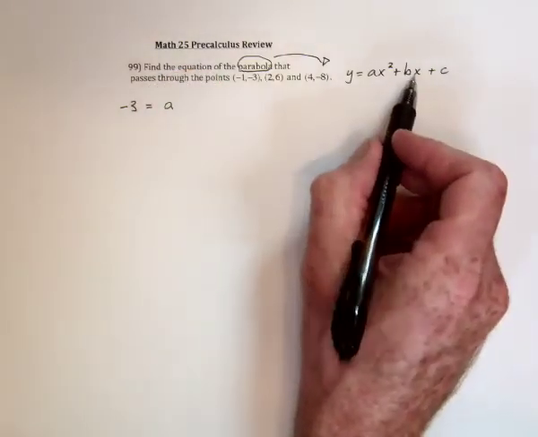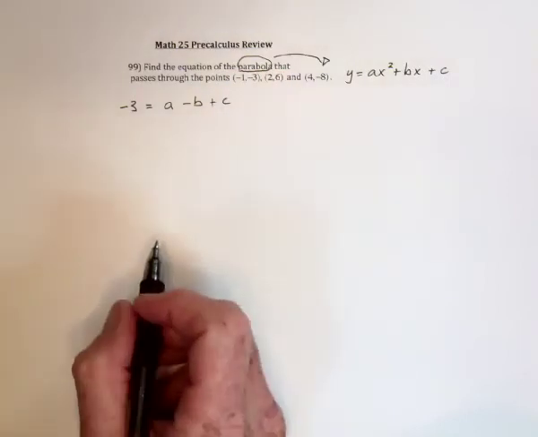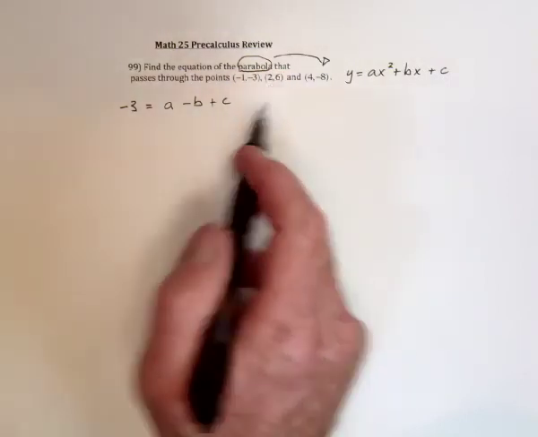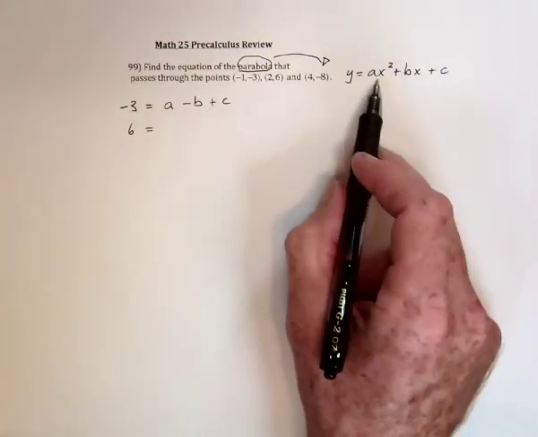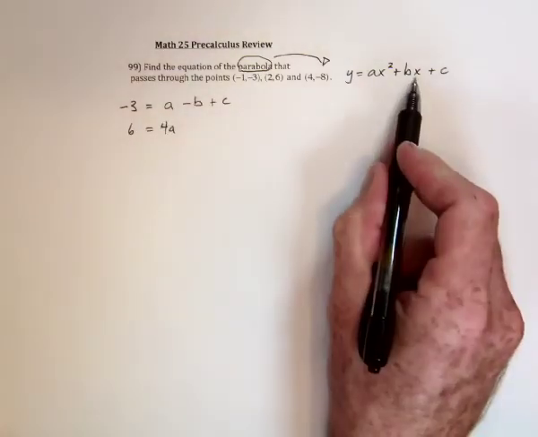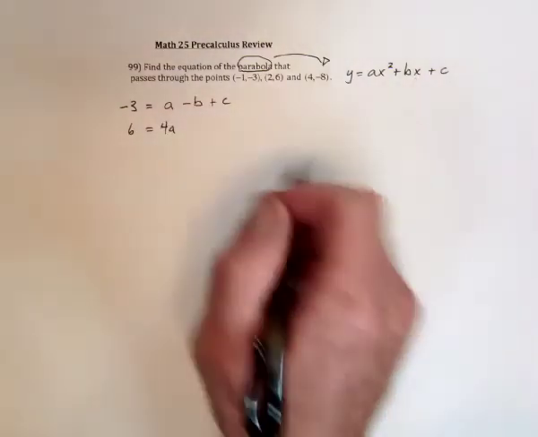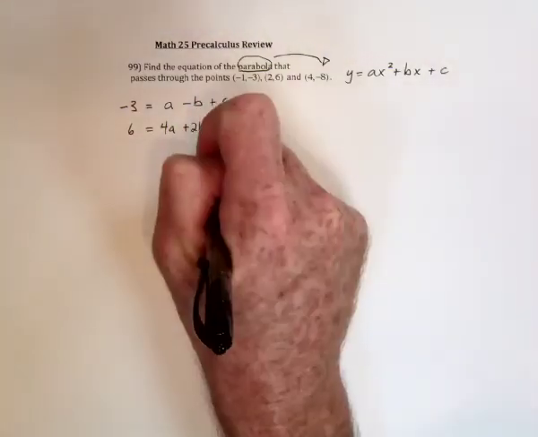Then this is a -1, so that makes -b, and then plus c. Now this one, so put a 6 for y, and then a 2 for x. So that means a 2 squared would be 4a. This would be a 2 for x, so 2b. And the c is just by itself.